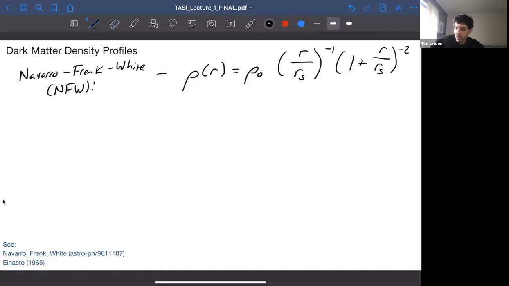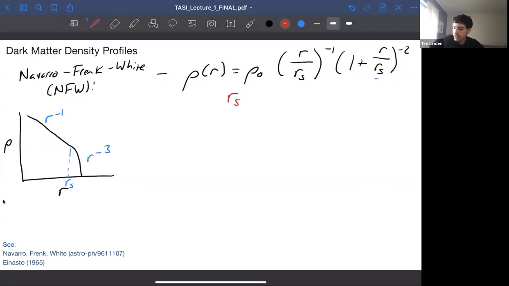What that looks like is, where the radius is here and the dark matter density is here, the density starts as falling as r to the minus 1 because it's small radii that are smaller than this scaling radius. This term is basically constant, and then eventually falls as r to the minus 3 once you get well outside the scaling radius. The transition is here at r scale. For a galaxy like the Milky Way, the scaling radius is around 20 kiloparsecs. That's the best fit to the data.